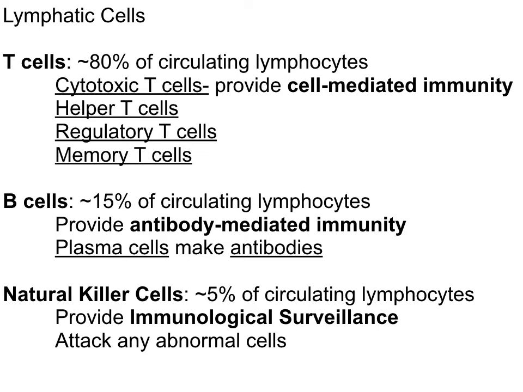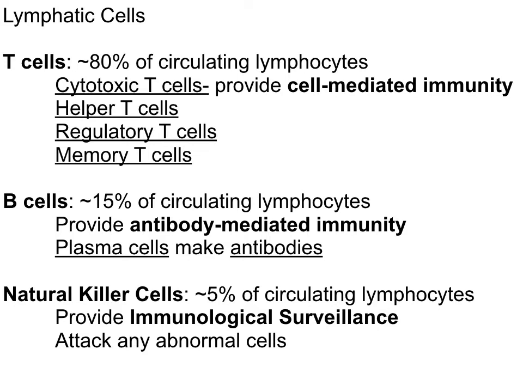Cytotoxic T cells are going to provide you with what is called cell-mediated immunity. Now, cell-mediated means that the cytotoxic T cell itself is going to be protecting you. It's going to be attacking and destroying what doesn't belong.